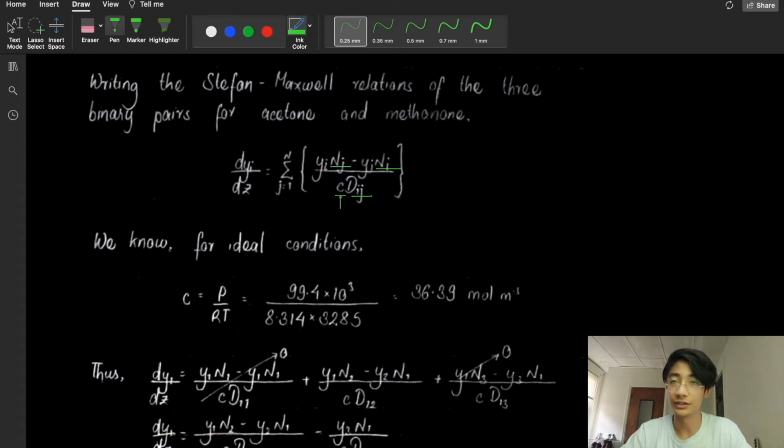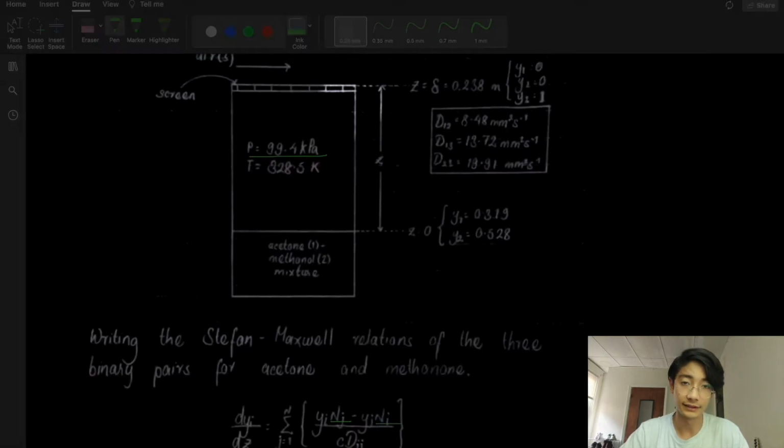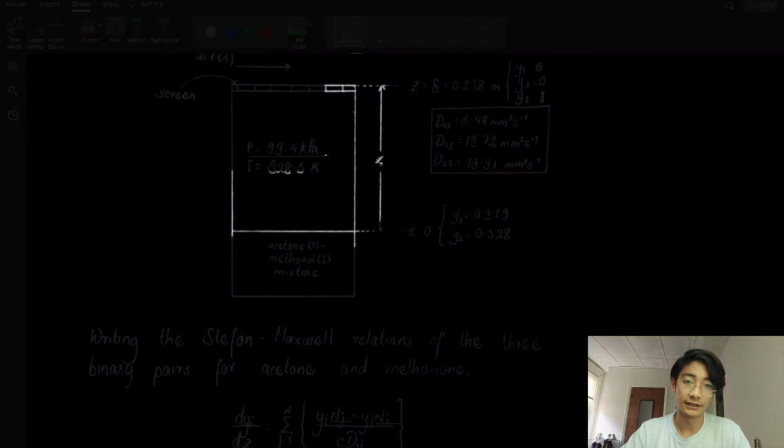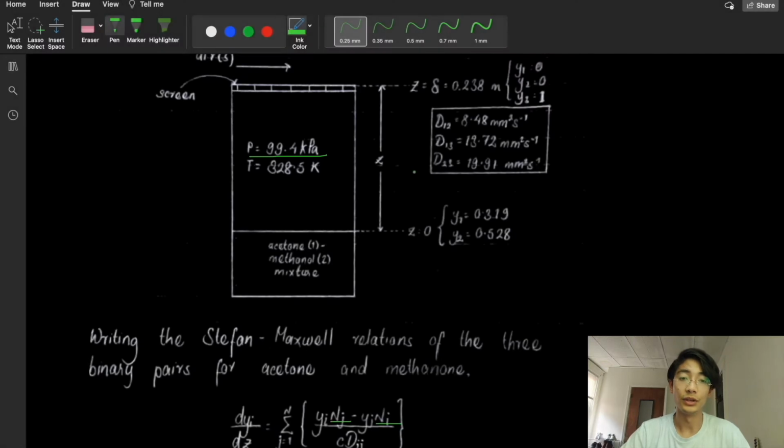The concentration has to be constant, and the diffusion coefficients are obviously constants to begin with, so they won't change. The reason the molar fluxes are constant is because we've already established that the pressure is constant at 99.4 kilopascals. So at all points in this part of the Stefan tube, we know that the molar fluxes have to be constant.